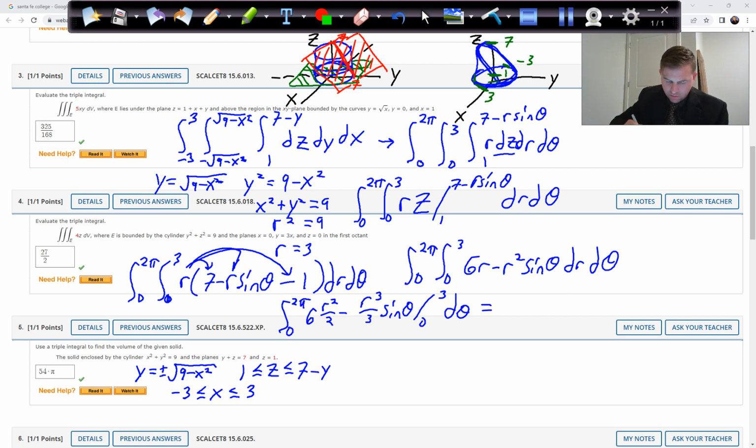So this would equal 6 over 2 is 3 times 3 squared minus 3 cubed over 3 sine theta. And the lower limit 0 is not going to do anything. All those terms will go away. So we have 27 minus 27 over 3.